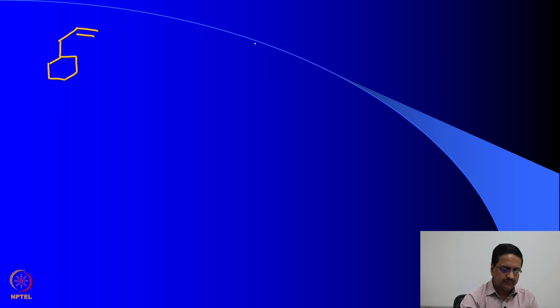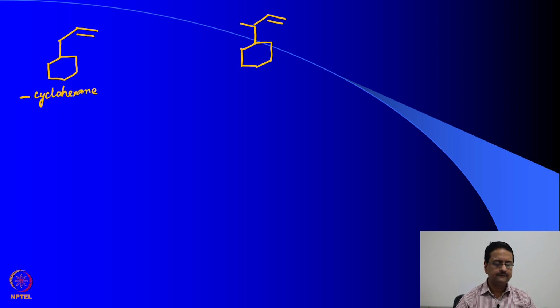A second molecule of similar type I am drawing here has a slightly different connectivity. What are the names of these two molecules? So, in the first case, what we have is a cyclohexane. That is the main compound, and we have a side chain which has 3 carbon atoms.